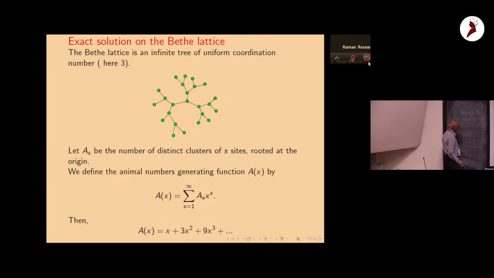You have a square lattice, and there is a cluster of S sites which are connected. So how many different shapes of clusters of size 3 can you have? Well, it can be like this, or it can be some rotations of this, or it can be like this. 4 of these and 2 of these, 6 possible shapes.